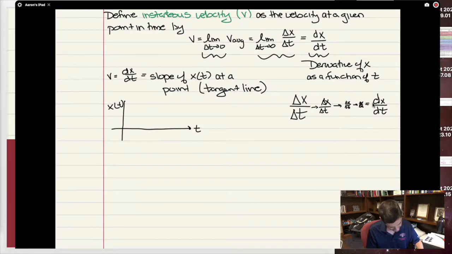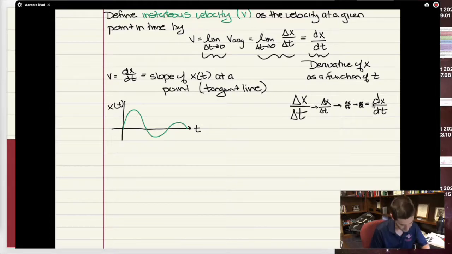So suppose I have some plot here that is my position as a function of time. It's doing some crazy thing where it seems to be going out from the origin, it stops, comes back to the origin, goes past the origin, turns around, comes back, and oscillates back and forth. We could ask ourselves about the velocity of this object at any given moment in time.